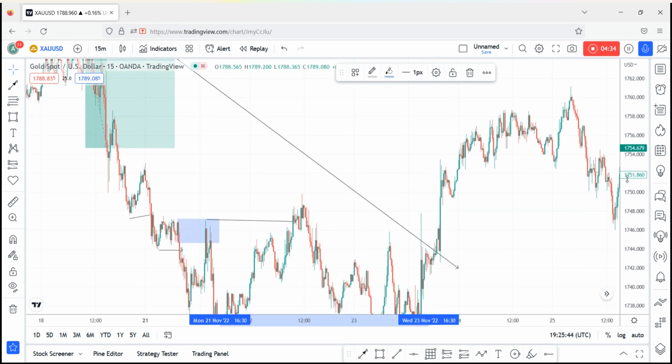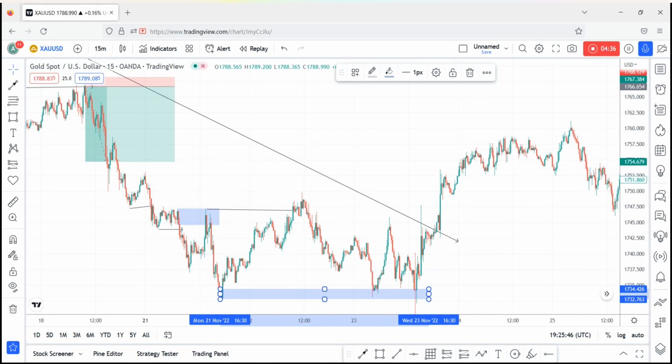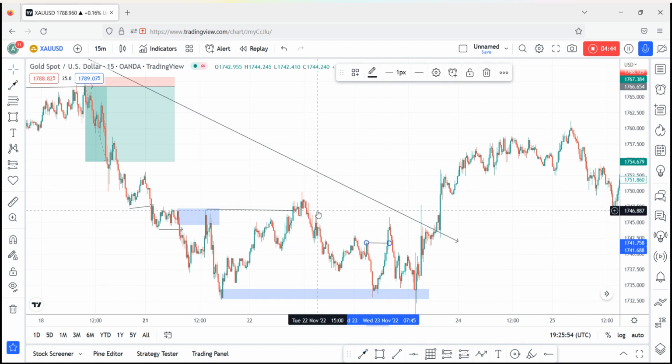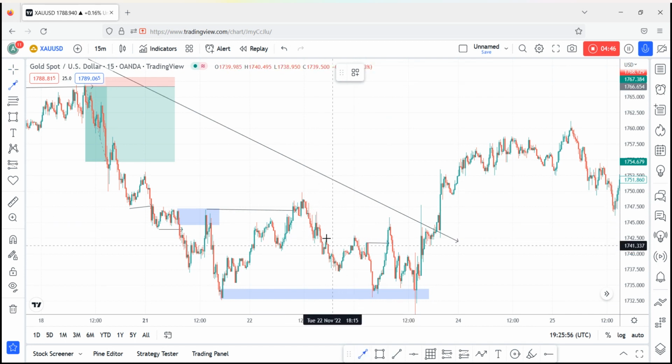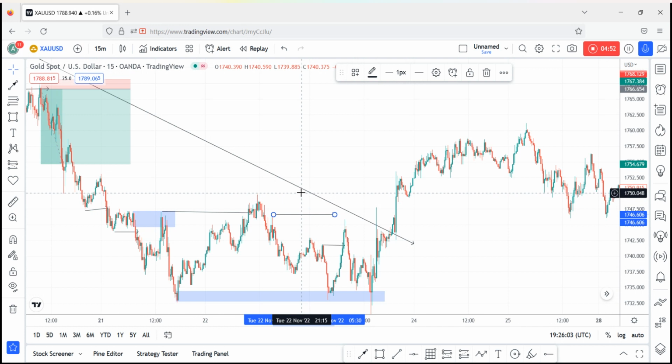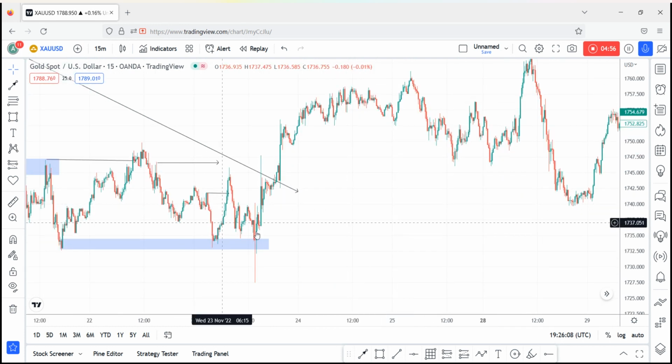So in this case, what you have to do is take your partials, right? So that was our first profit target. That was our second profit target, and that extreme high, you can target this as your third profit target.